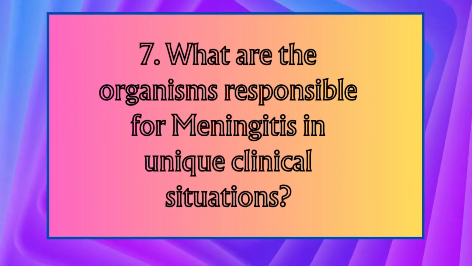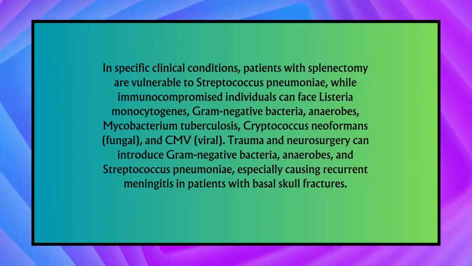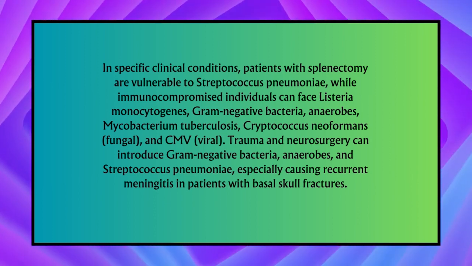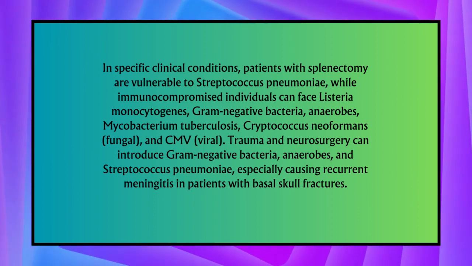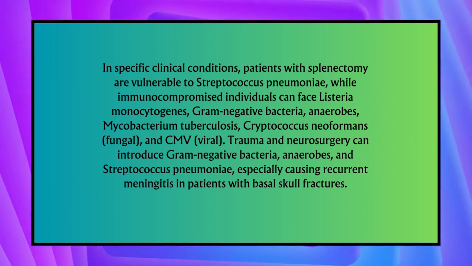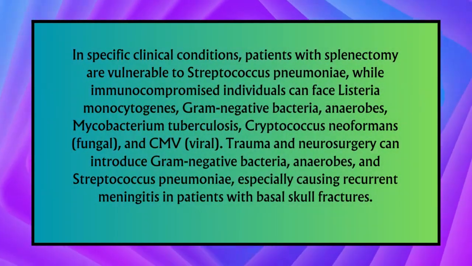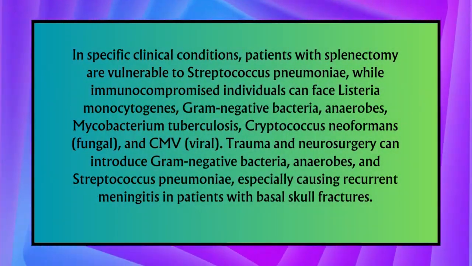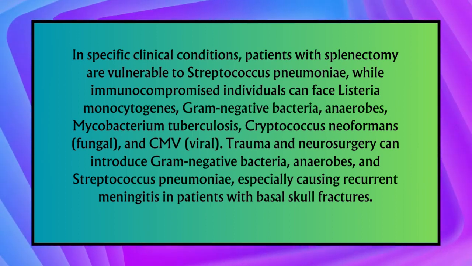7. What are the organisms responsible for meningitis in unique clinical situations? In specific clinical conditions, patients with splenectomy are vulnerable to Streptococcus pneumoniae, while immunocompromised individuals can face Listeria monocytogenes, Gram-negative bacteria, anaerobes, Mycobacterium tuberculosis, Cryptococcus neoformans, fungal, and HIV viral infections.